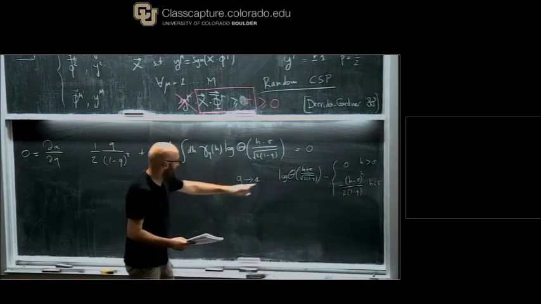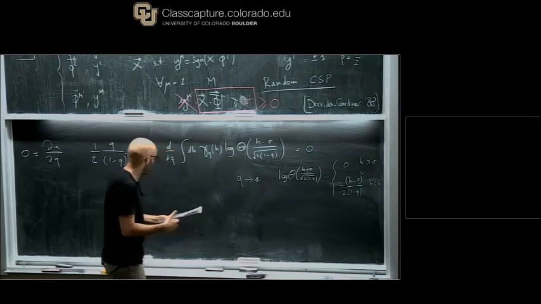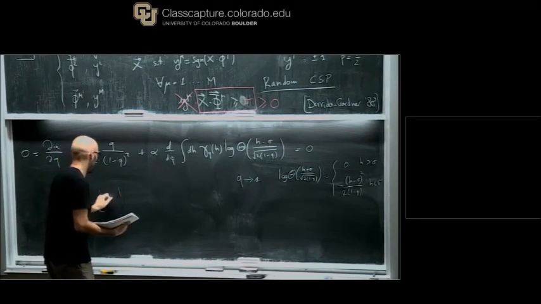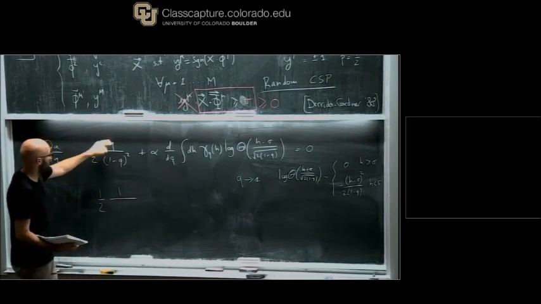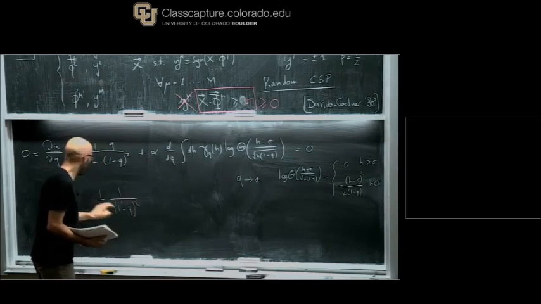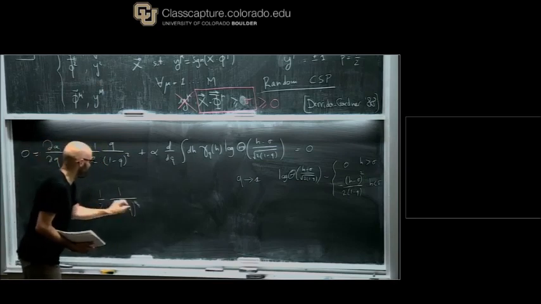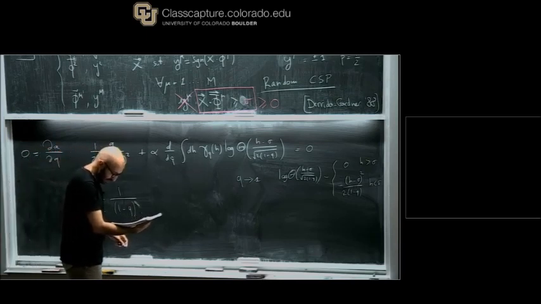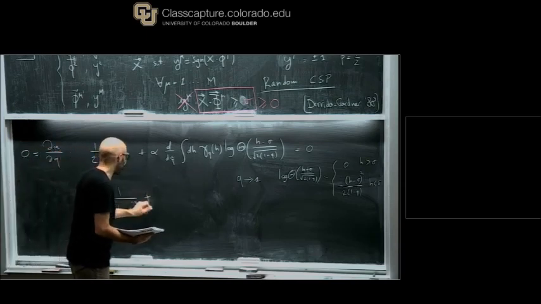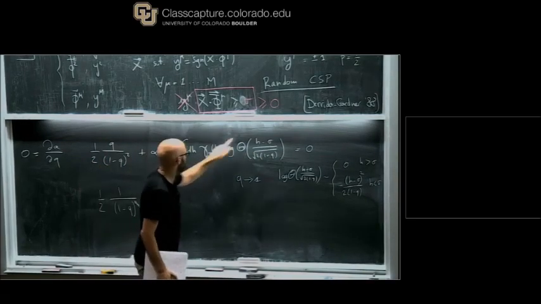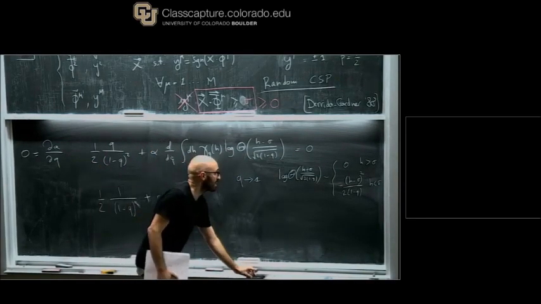So if you plug this asymptotic in here, what you get is that the equation for Q becomes 1/2. So Q is going to 1, so this Q I replace by 1. So you get 1/2 times 1 over (1 minus Q) squared plus alpha. And here you replace this by the asymptotic.